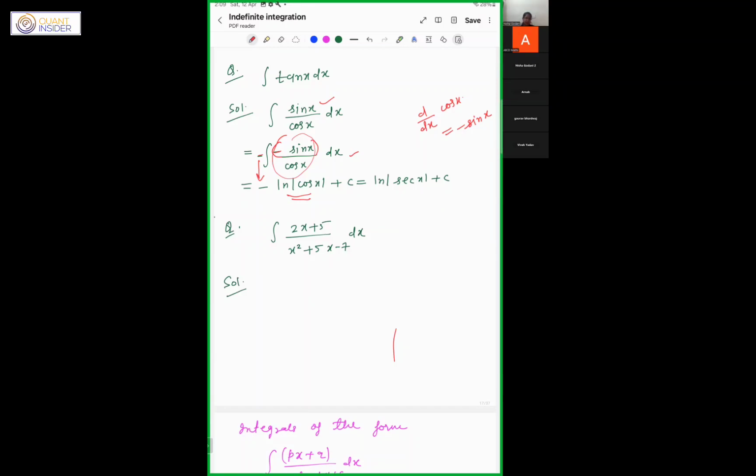Similarly, you can check for the next one. You have in the denominator x square plus 5x minus 7. In numerator, it is 2x plus 5. And you know that if you differentiate this x square plus 5x minus 7, you are left with 2x plus 5. So actually this 2x plus 5 is the differentiation of the denominator.